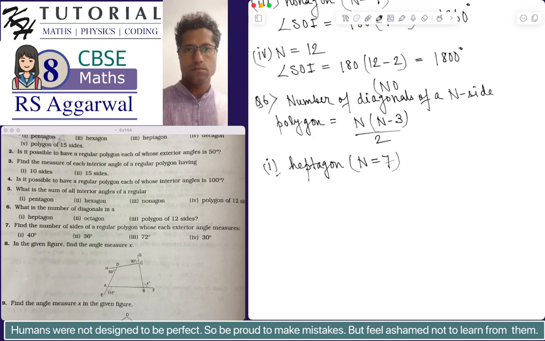NOD stands for the number of diagonals. So, for a heptagon, NOD is equal to 7 multiplied by (7 minus 3) divided by 2. This is equal to 7 multiplied by 4 divided by 2, which is equal to 14. So, there are 14 diagonals in a heptagon.